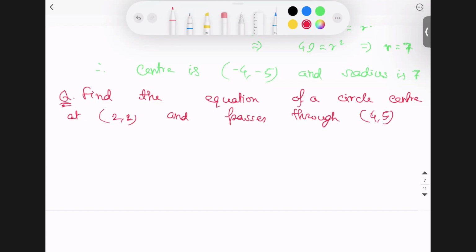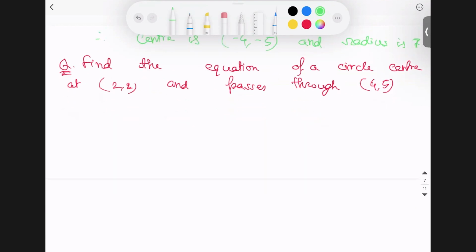So what is this saying? That we need to find the equation of a circle which has a center at the point 2, comma 2 and which passes through the point 4, comma 5. So here clearly they have given that h equals 2, k equals 2. So h and k both are 2.